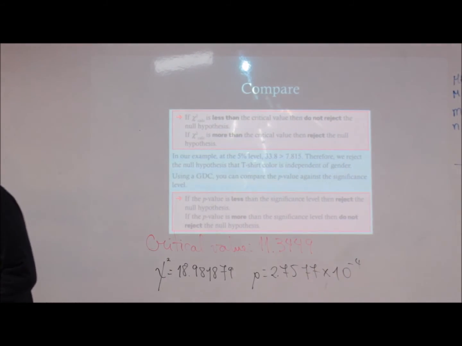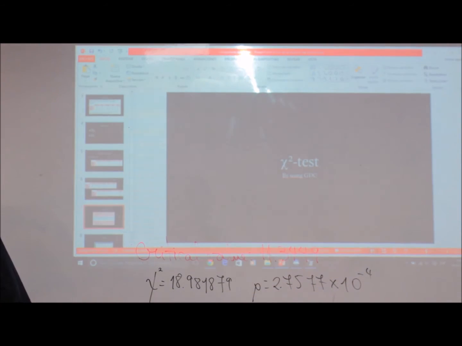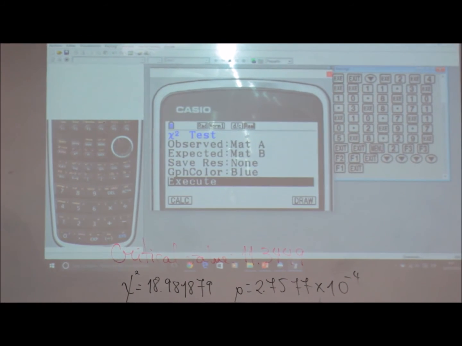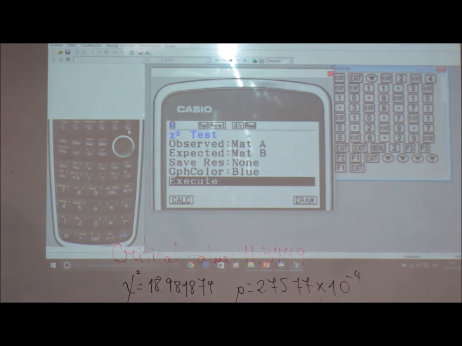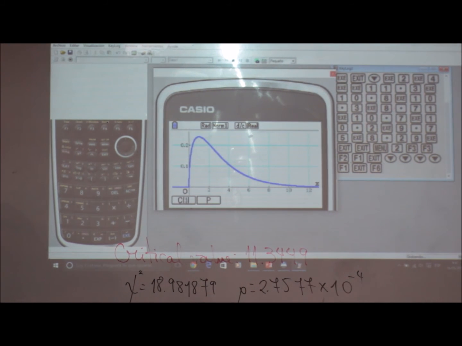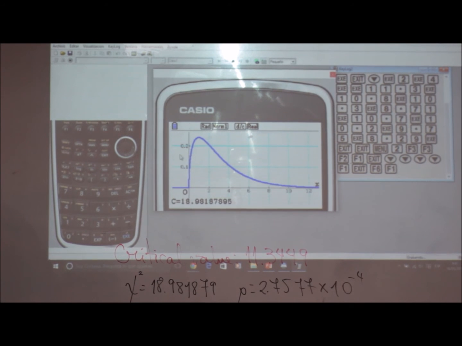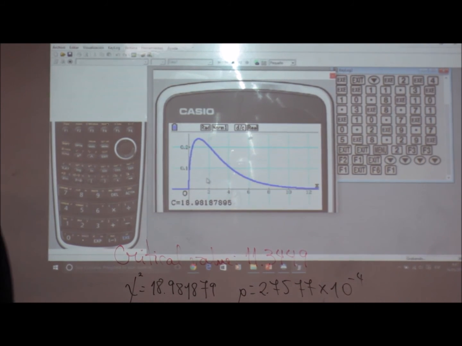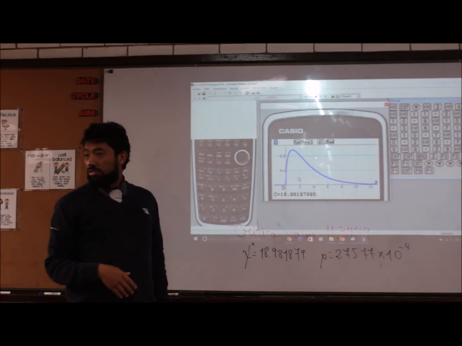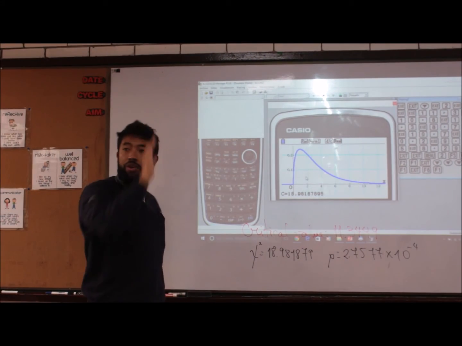Before you leave, there's something else that I want to show. It will take a second. I'm going to run the test again, but now I'm going to draw. And I'm going to show the chi-square value. Do you see a shaded area? The chi-square value is far, far away.